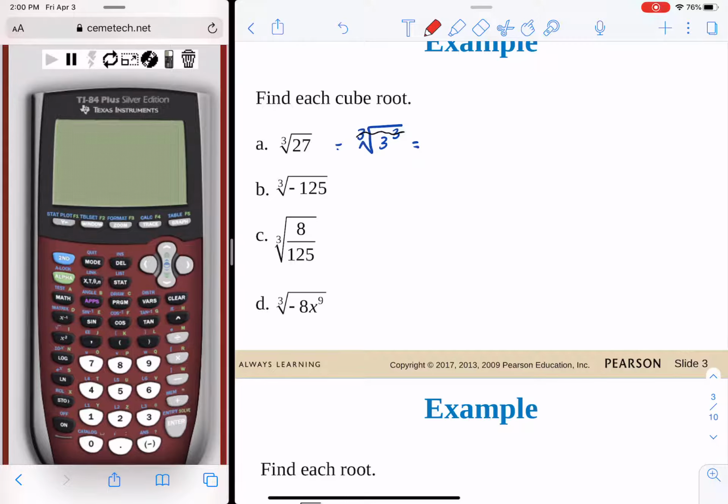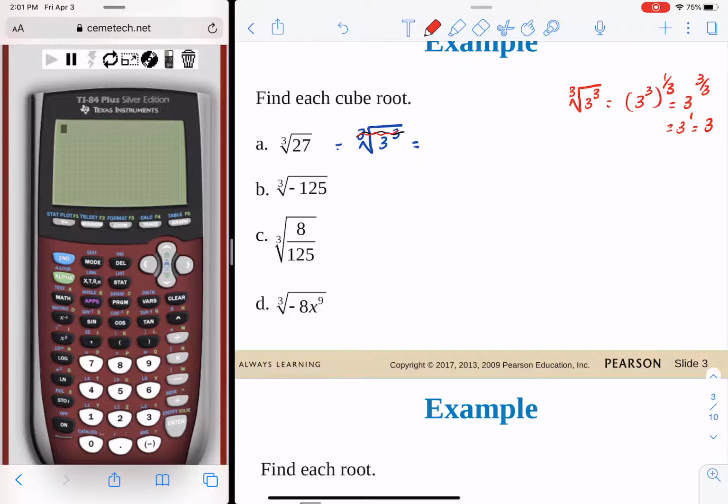The proper reason is that cube root of 3 cubed is 3 cubed raised to 1 over 3. When you multiply, we multiply the powers. We have 3 raised to 3 over 3, which is 3 raised to 1. You get 3. To avoid all of that jargon, we can simply go with the idea that the cube root and the third power would go away.